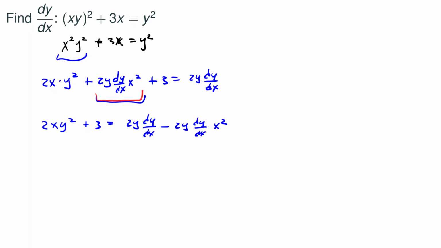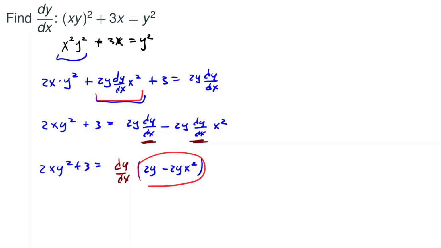So here we need to isolate dy/dx. I'm going to factor dy/dx on the right side of the equation: dy/dx times (2y minus 2y x squared). So for the final answer, we need to divide both sides by this so that we can isolate dy/dx.